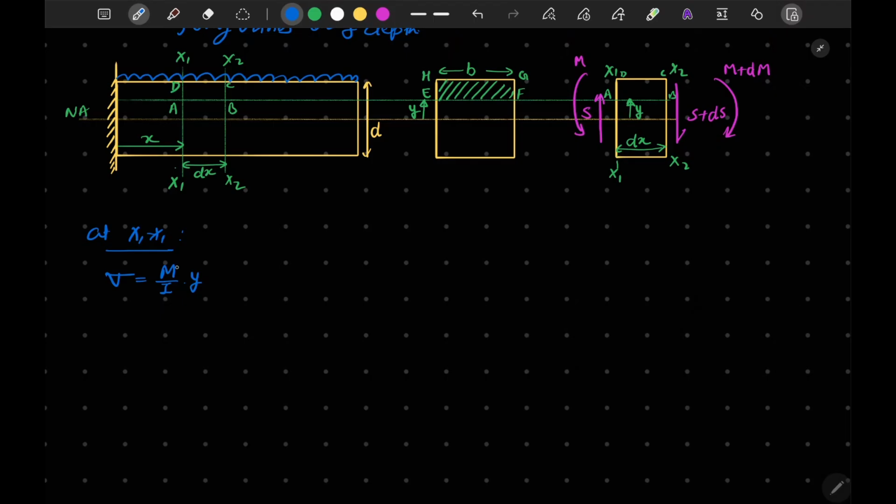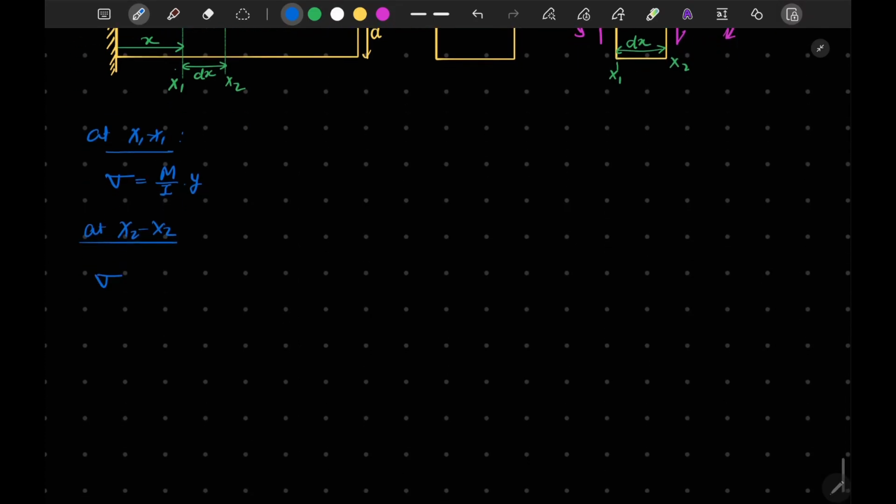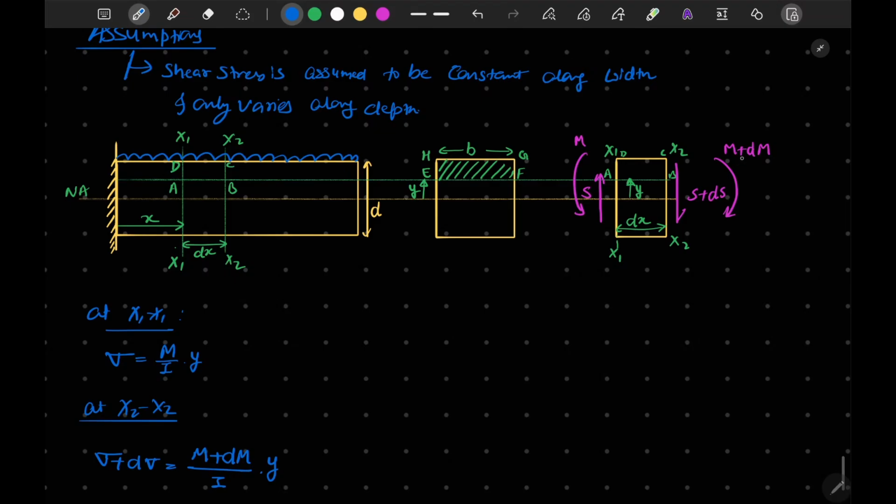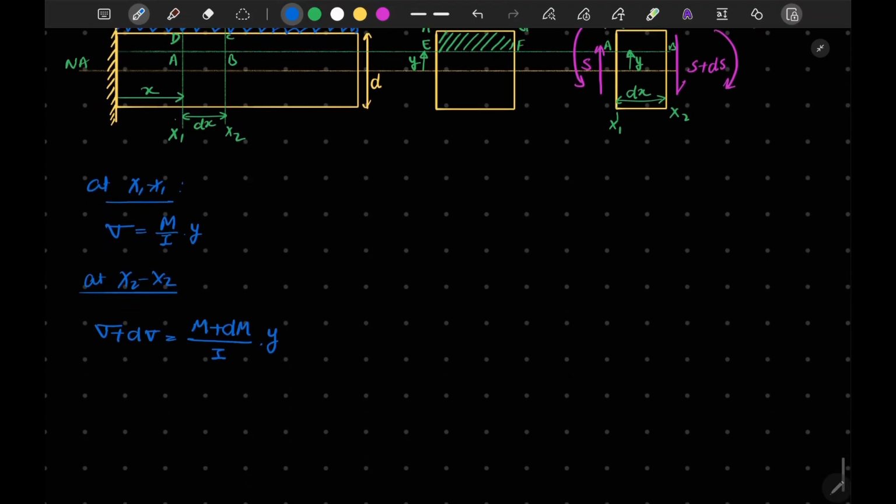M is the bending moment, I is the moment of inertia, of course about the neutral axis we are talking about here. Now if I talk about the x2 section, our stress will be sigma plus d sigma is equal to M by I into y, and this bending moment is also what we have mentioned, M plus dM, divided by I into y. Y is constant. Here it is M plus dM, and here the bending moment is M.